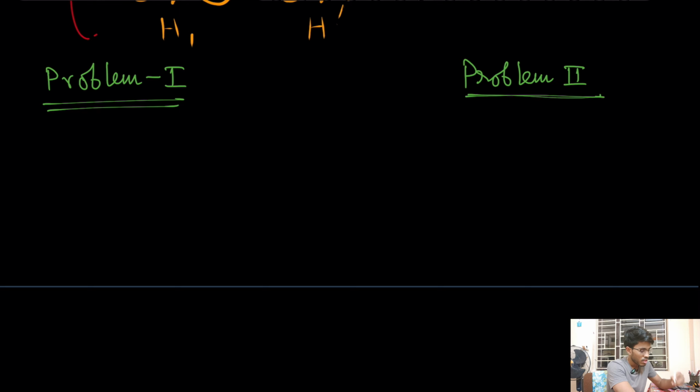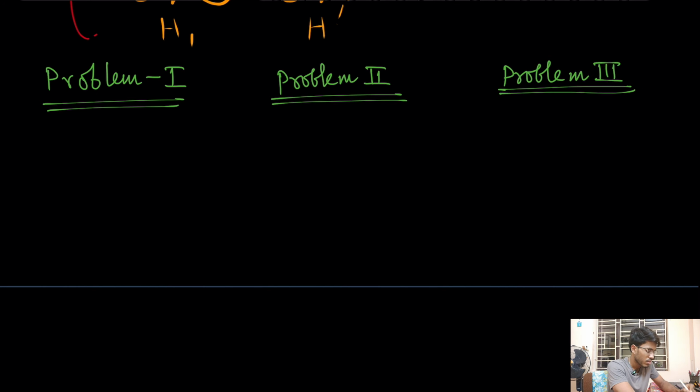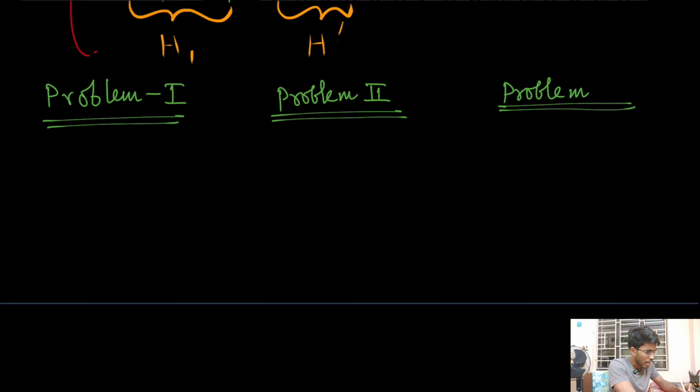It will be better if I also write problem 3, so problem 2, and here I will have problem 3. Clear? Or maybe I should write the actual problem, then this will be accurate.